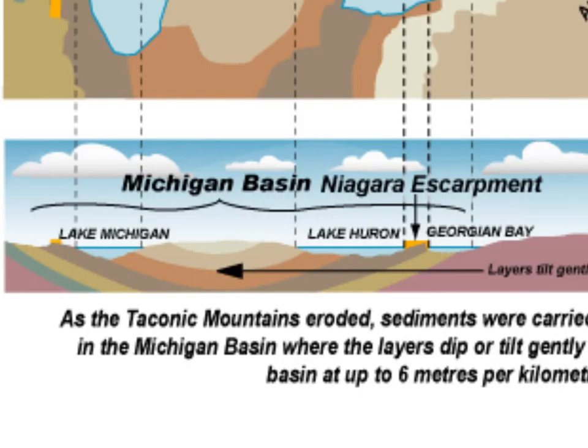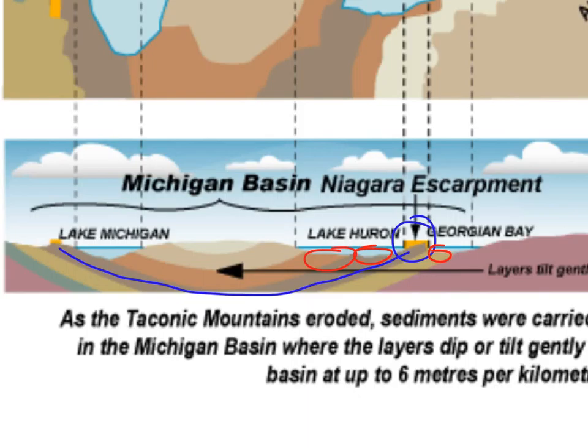The Niagara Escarpment is located on the outer edges of this brown layer here, which is a dolomite rock. Dolomite is a slightly metamorphosed version of limestone, and it's harder than the other surrounding sedimentary rocks in the area.